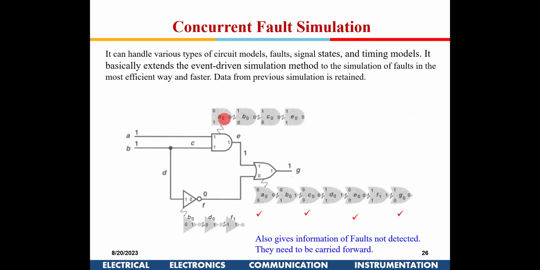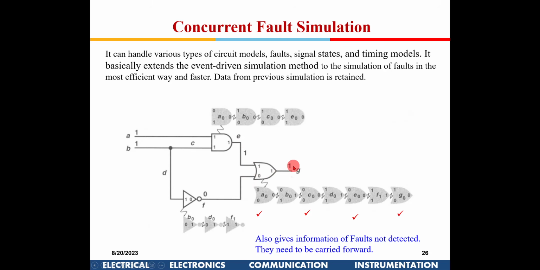So for A stuck at 0, how would this gate function? For 1 1 input it will give an output 0, because A is stuck at 0. So it will replace this model by this gate and again do a simulation. So in the second simulation, what will be the final result? It will give a 0 here, right? 0 0 will give 0.